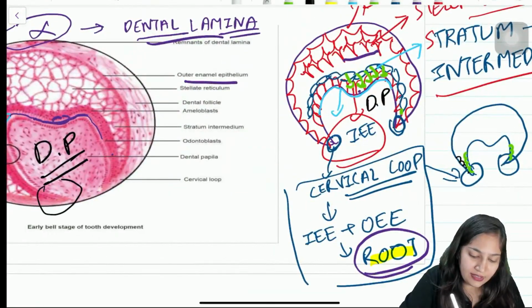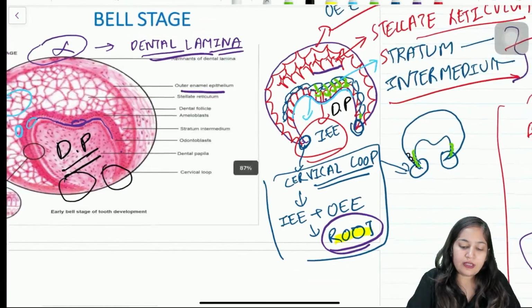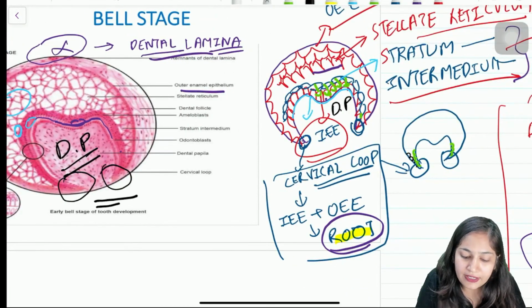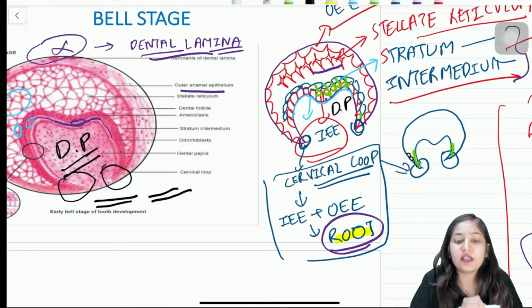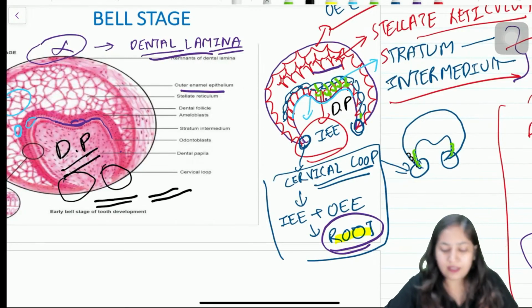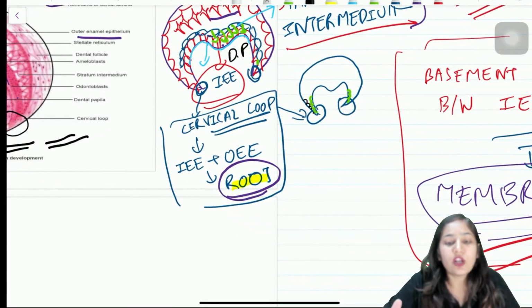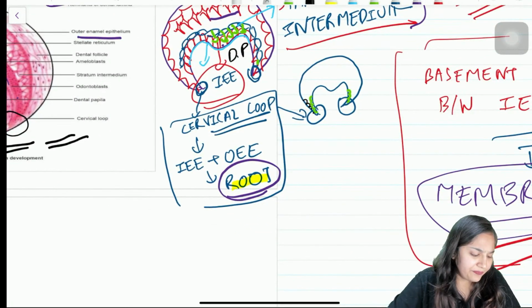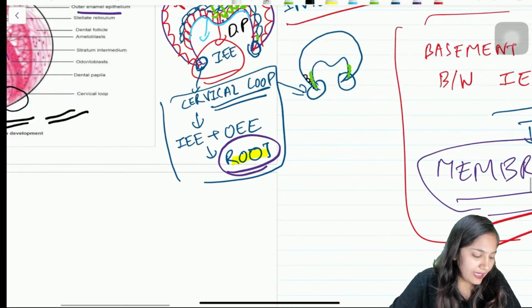Here we can see the cervical loop. This will proliferate and further lead to the formation of root. Yes, Mithilesh, HERS, which is involved in the formation of root. Good.